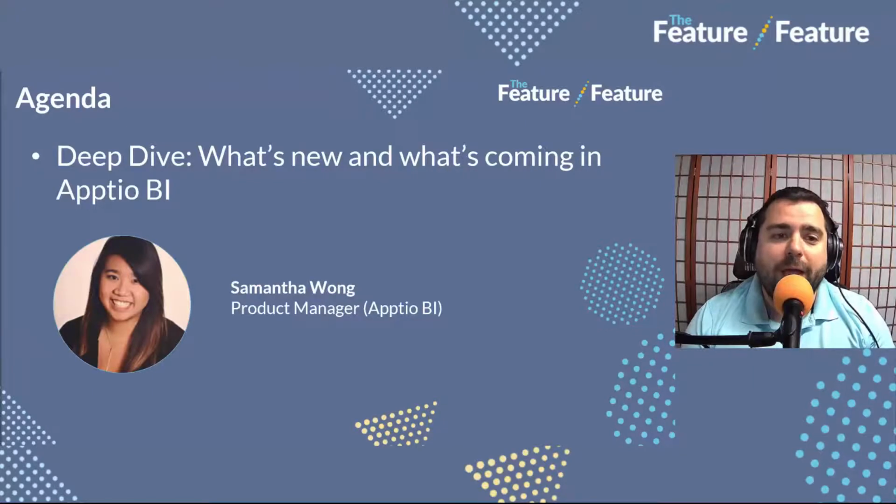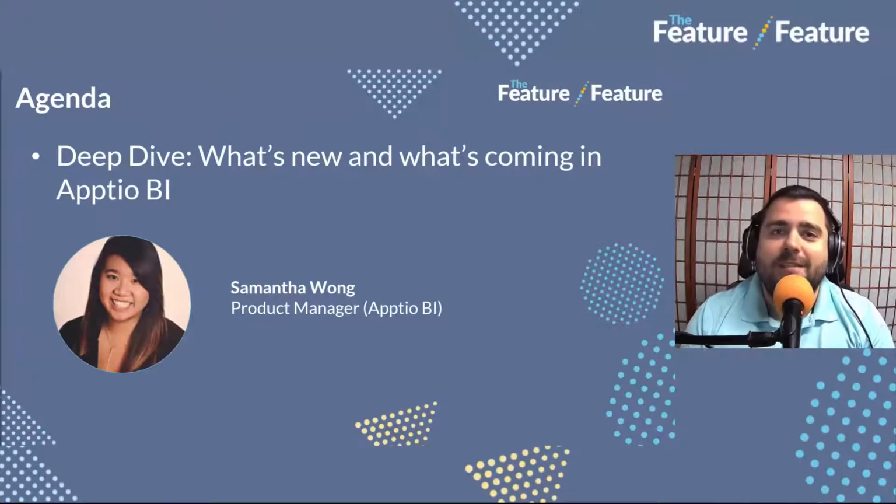But I thought I would go ahead and bring in Samantha Wong, and she took the time to have a great conversation with us, explaining further Apptio BI and the value it's bringing to Apptio's product suites by combining basically all the data from all of our different products into one interface so that you can easily not only surface and visualize that data, but also distribute reports in a lot of different ways that make it a lot easier to coordinate with your different FinOps teams, the teams working on your TBM information, as well as your different stakeholders, right?